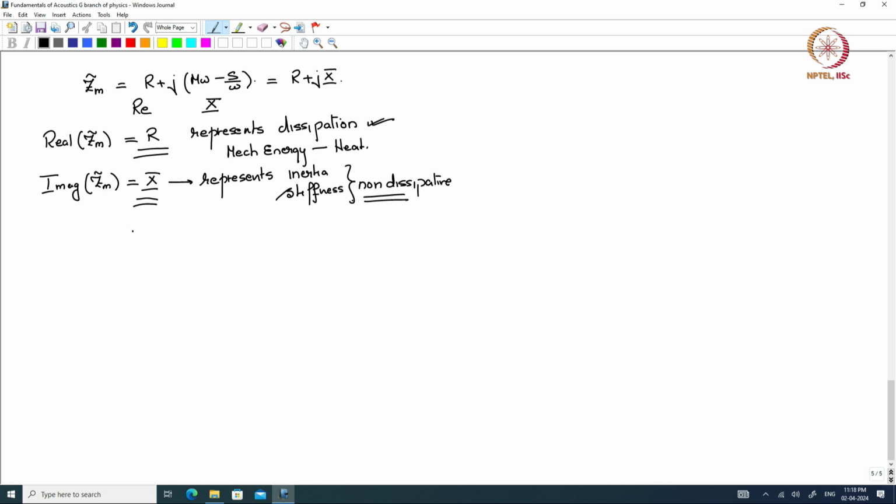The next thing is that if I set the imaginary part of Z mechanical to 0, that means if I set x to 0, then it gives me an equation to compute system resonances.